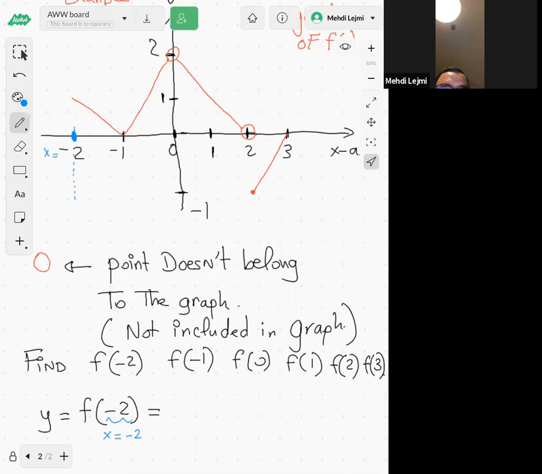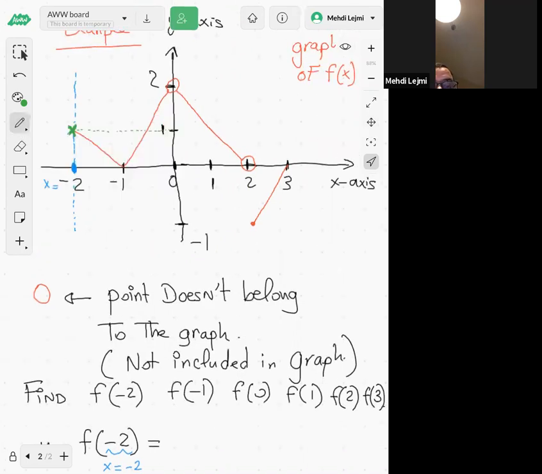The intersection with the graph would be this point. To find the corresponding output, we draw this horizontal line, which intersects the y-axis at +1.